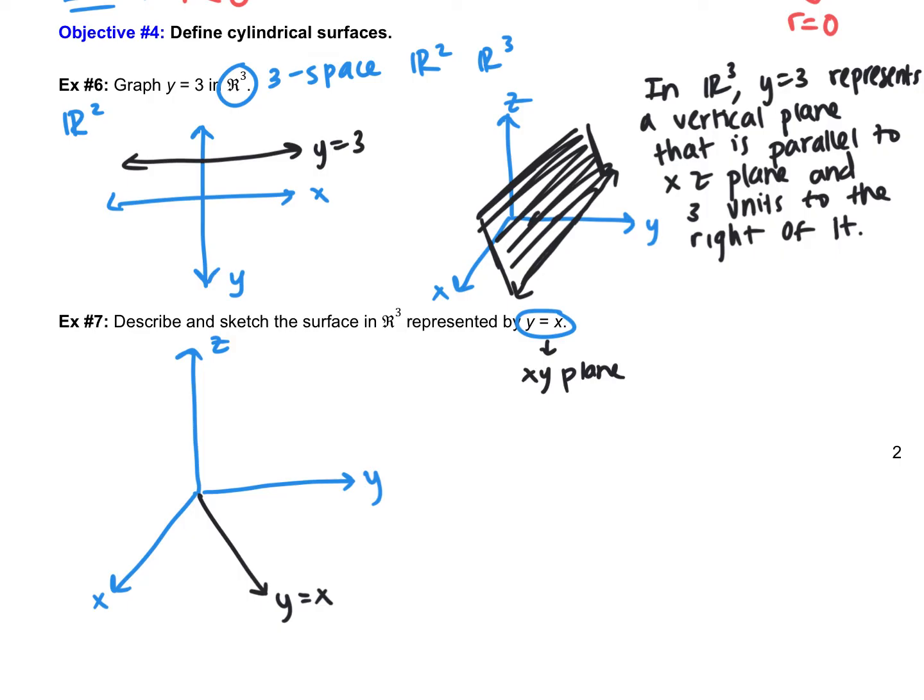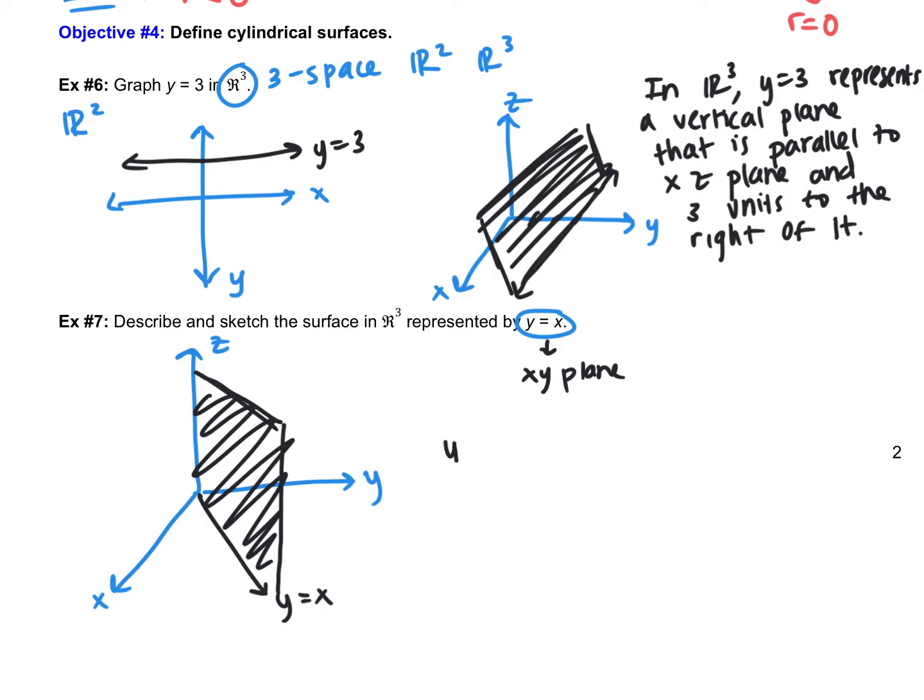But then when we take it into 3 space, that line is going to go up and down along the z-axis. So what we're going to end up with, again, is a plane. Excuse my poor drawing.